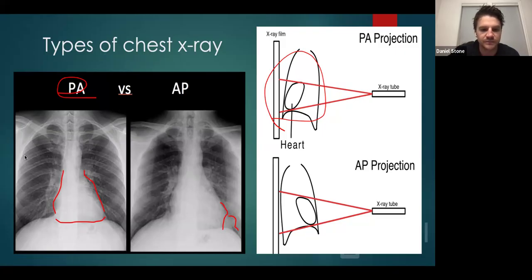You do also notice that when we're talking about PA and AP, the lung fields also look different, that they look a little bit more shadowed, specifically towards the apices.